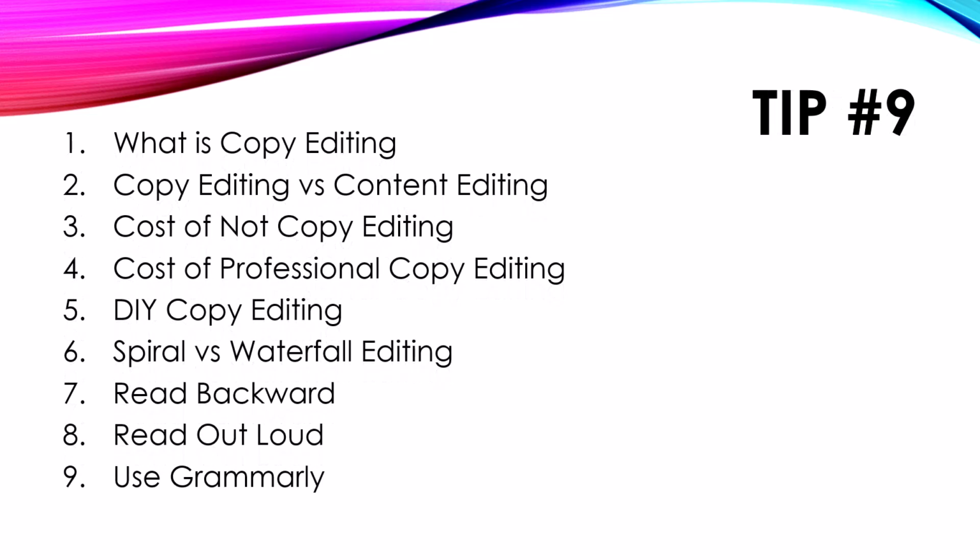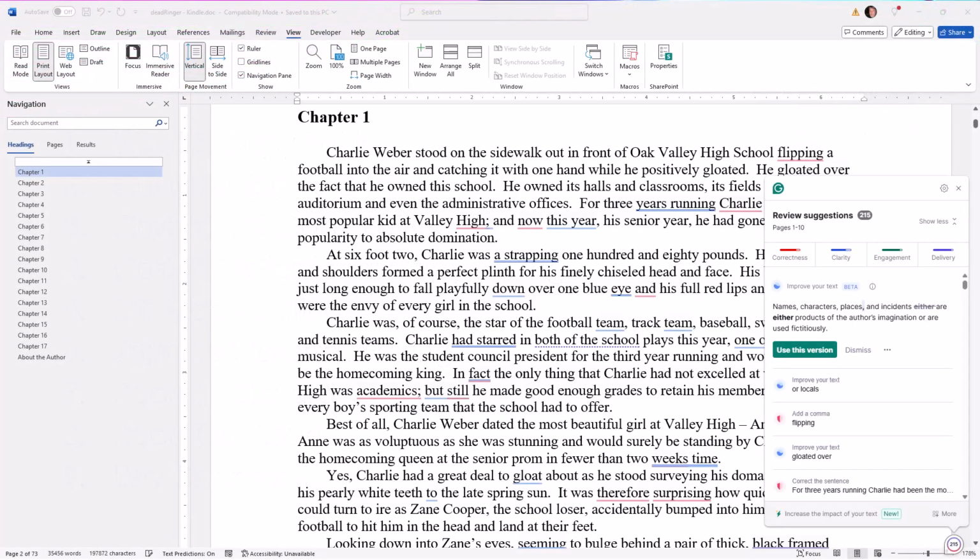Now, the next thing that I want to talk about actually can cover a lot of this, and that's using automated software. I like Grammarly. Another option is a tool called ProWritingAid. I prefer Grammarly. And what Grammarly does is it runs everywhere on my computer. So in my browser, in PowerPoint, in Excel, in Word, it runs in every application, and it searches for errors.